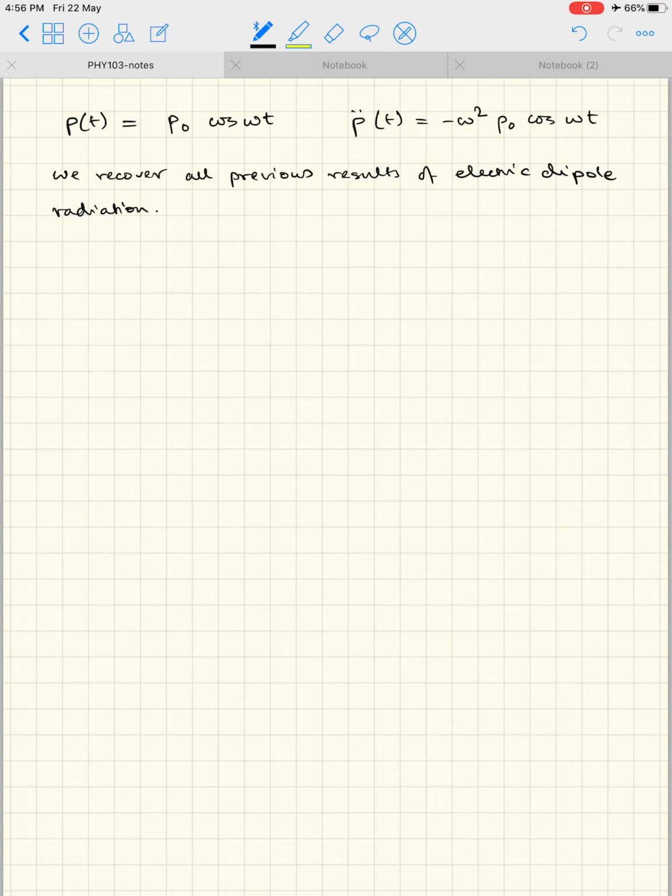So this multipole expansion carried out to lowest order in r prime is capable of producing electromagnetic radiation. This is what we have seen as a dipole term.